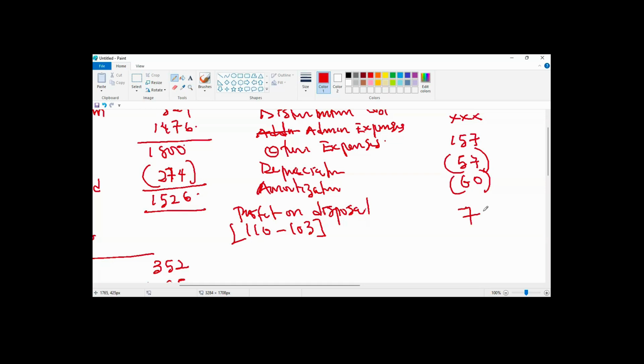I will ask the question: do you have accrued or prepaid expenses? I will go to current assets to look for prepaid, no prepaid. I will also go to the liabilities, nothing like that.